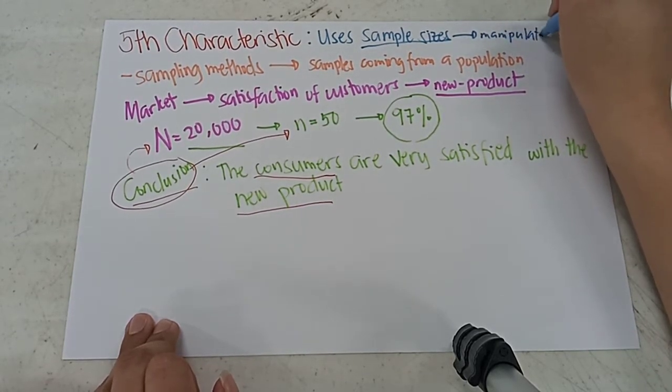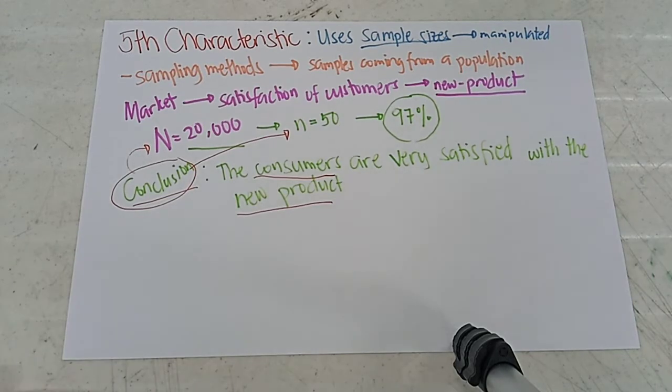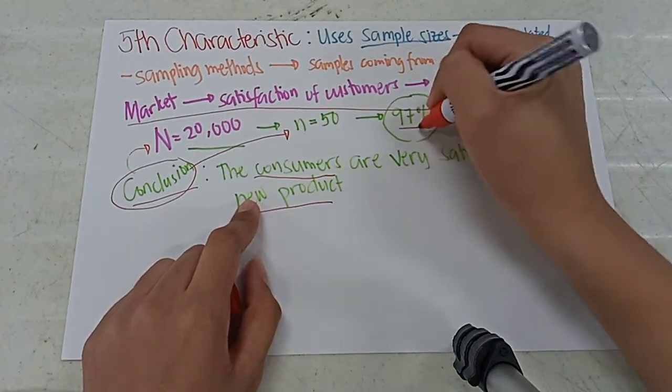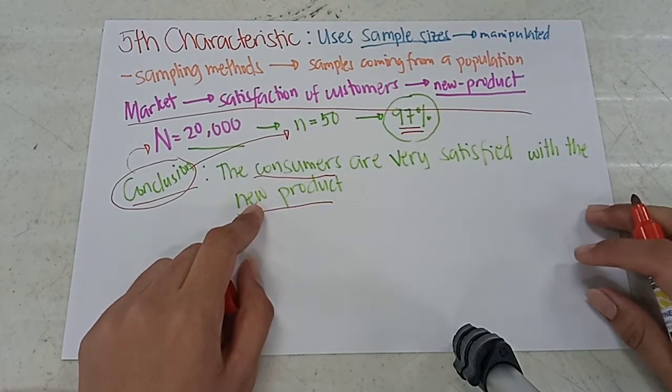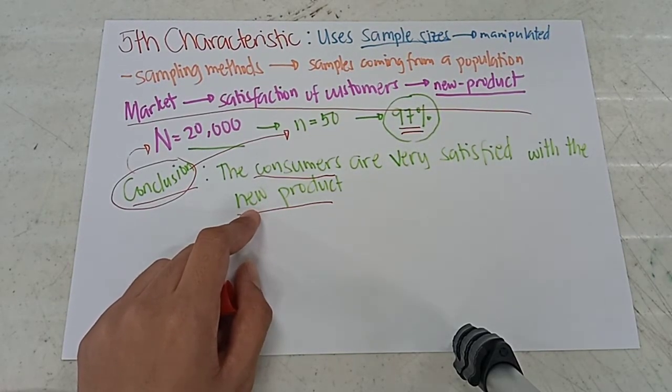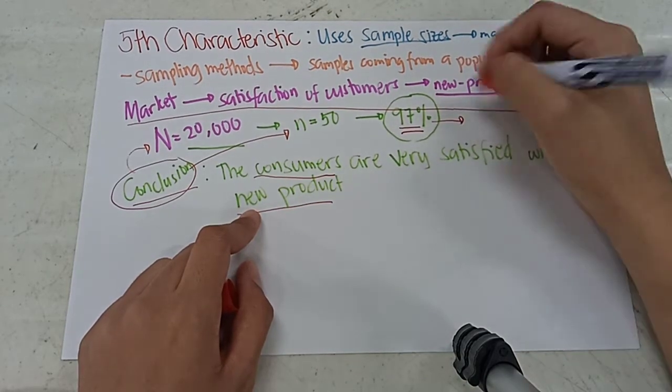How can it be manipulated? Let's say the researchers that conducted this study were not satisfied with the results because they had a doubt that the data analysis was unreliable.